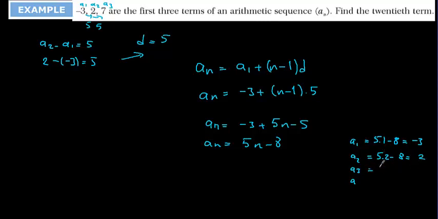And 5 times 3 minus 8, the third term, is 15 minus 8, which is equal to 7. As you see, minus 3, 2, and 7 are the first three terms of the sequence, and also we found the general term, 5n minus 8.